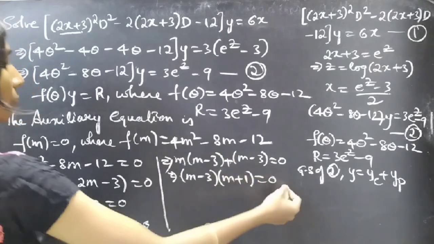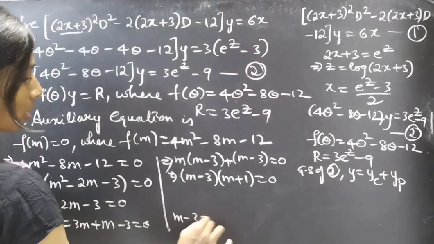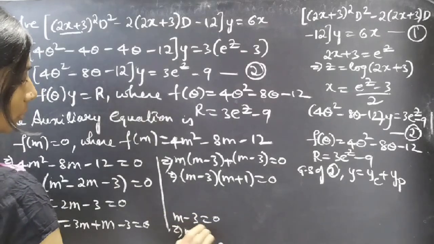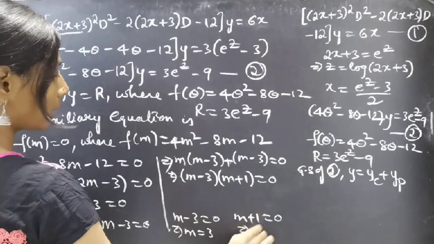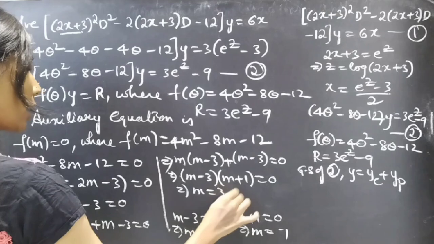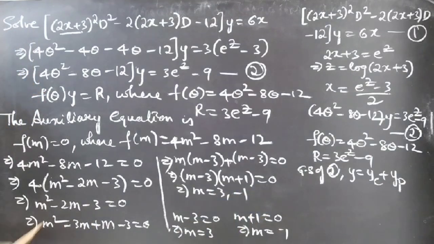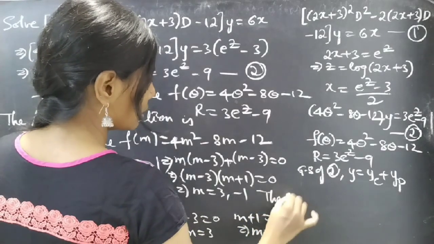Now equate each factor to 0. When m minus 3 equal to 0, we'll get m equal to 3, and when m plus 1 equal to 0, we'll get m equal to minus 1, right? So this gives us m equal to 3 and minus 1, which are the roots of this auxiliary equation, and the roots are real and distinct.